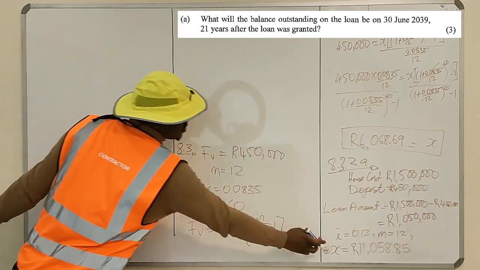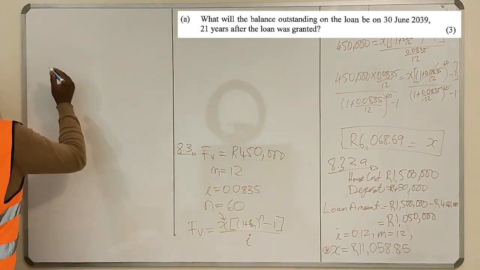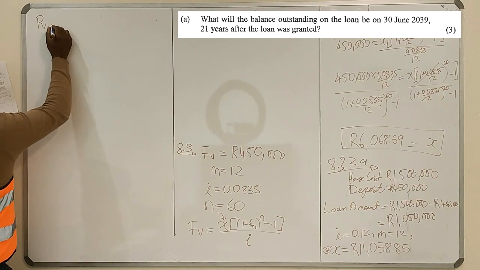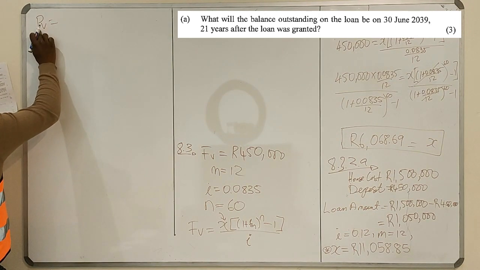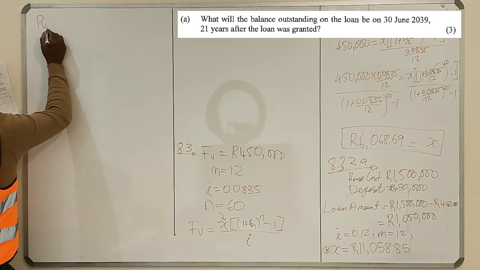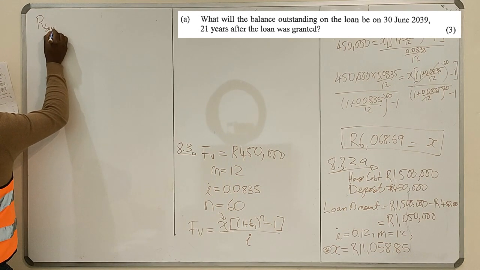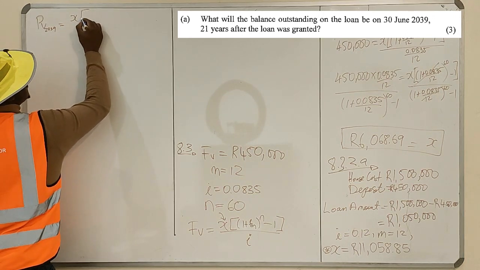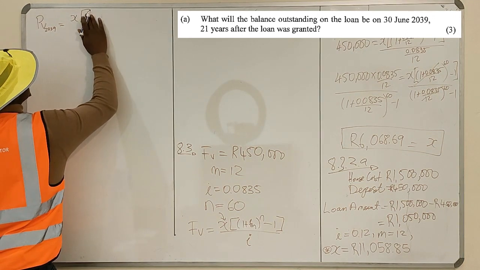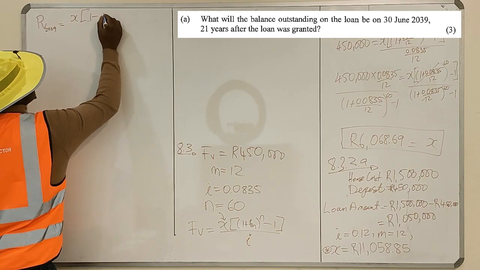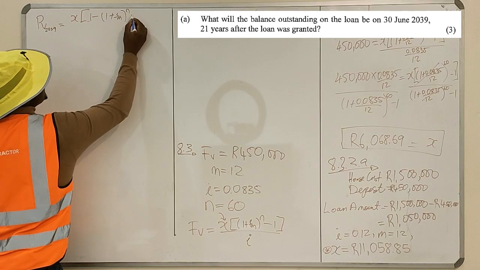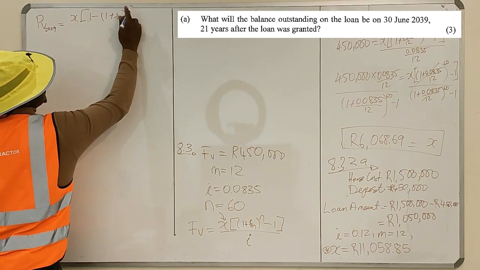well, this is the continuation of this. So what do you say? You say, okay, present value of the loan in 2039. Let's say the present value of the loan in 2039 will be equal to X, which is the amount that he is paying, into 1 minus 1 plus i over m, raised to negative n.